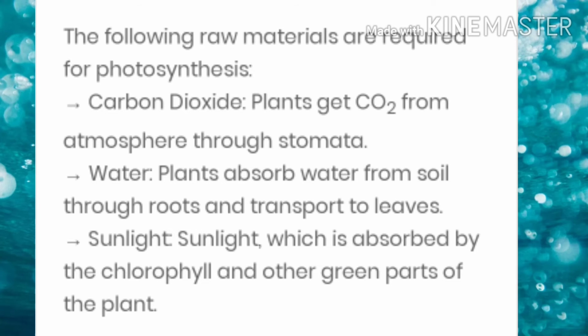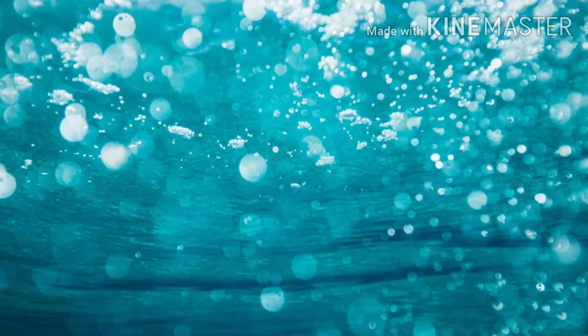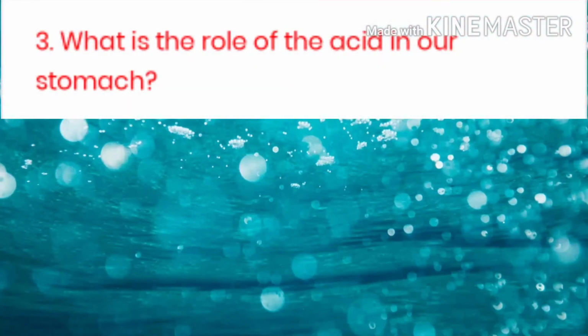And the third material is sunlight, which is absorbed by the chlorophyll in the green parts of the plant. So the three materials needed for photosynthesis are carbon dioxide, water and sunlight. Next question is, what is the role of the acid present in our stomach?